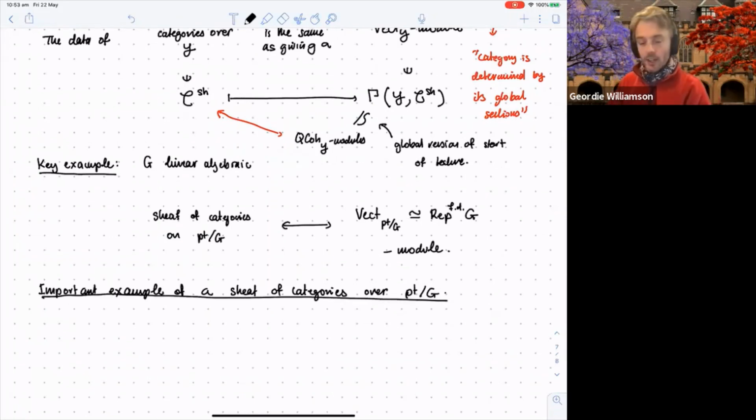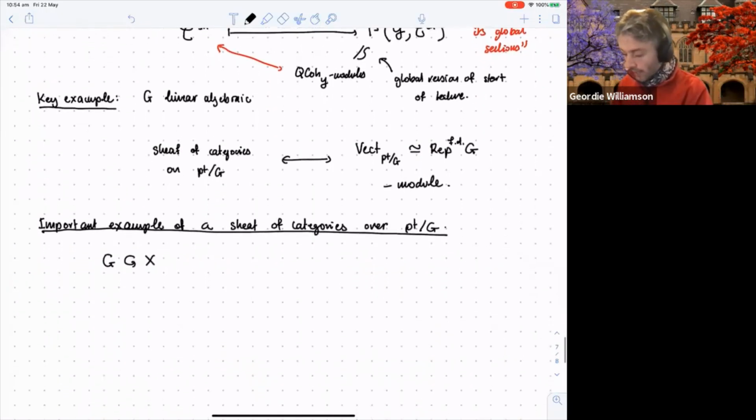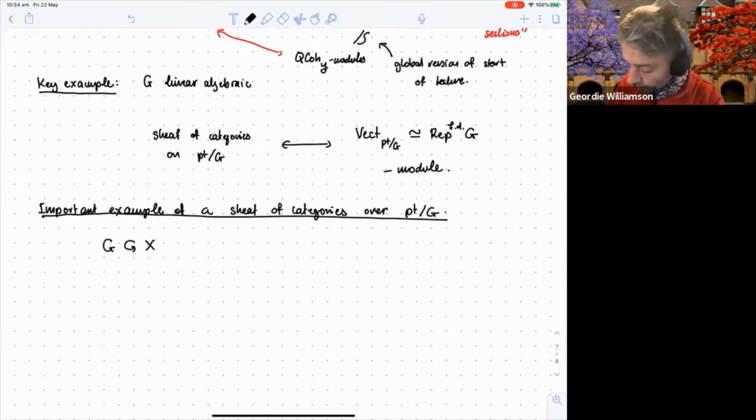So I just want to give an example where you see both sides of this equivalence and you see that something rather interesting is going on. So that's the following. Imagine that G acts on X. Now we can associate to this two pieces of data.